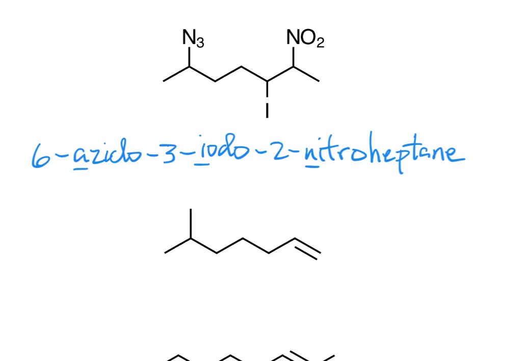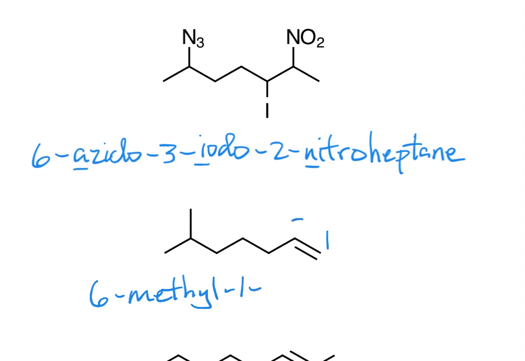Okay, so the double bond, right here, begins on carbon number 1 as we number the carbon chain right to left. So 1, 2, 3, 4, 5, 6. So I have a methyl group at 6 for this overall 7 carbon chain. So when we do this, we're going to have 6 methyl, and then at carbon 1 is where the double bond begins.